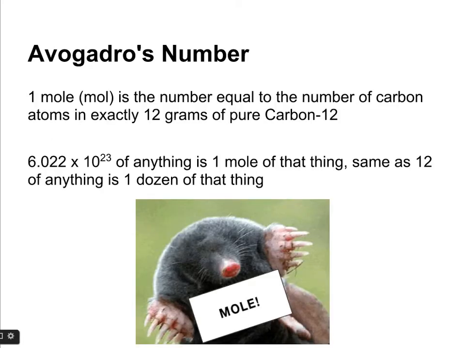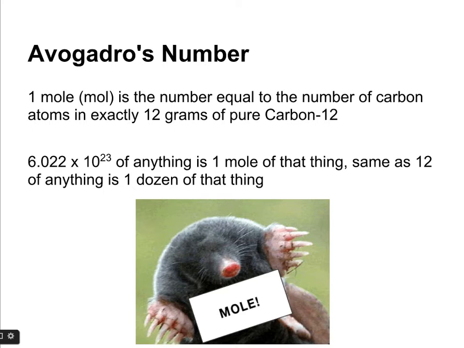The technical definition of Avogadro's number is that 1 mole, which we abbreviate mol because mole is such a long word already, is the number equal to the number of carbon atoms in exactly 12 grams of pure carbon-12. So in exactly 12 grams of pure carbon-12, there are going to be 6.022 times 10 to the 23rd carbon-12 atoms.